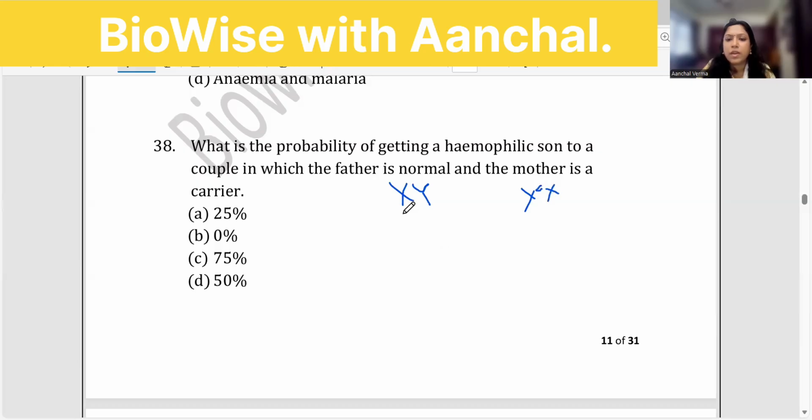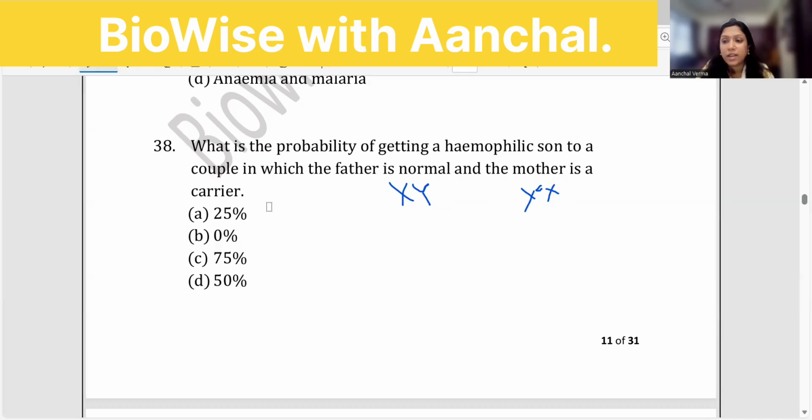So, what is the probability of getting a hemophilic son to the couple? Now, this is out of all the children. So, there is one carrier daughter, one normal daughter, then an XY colorblind son and an XY normal son.